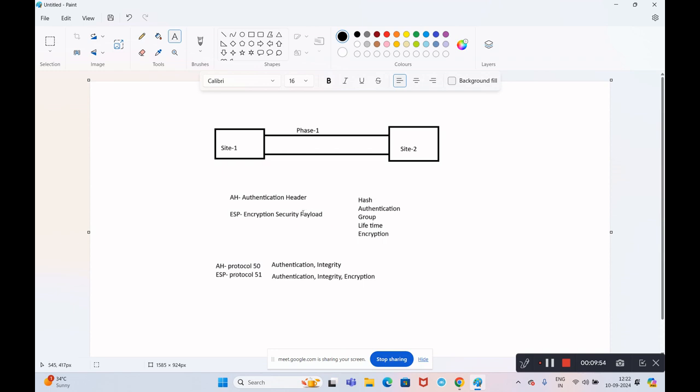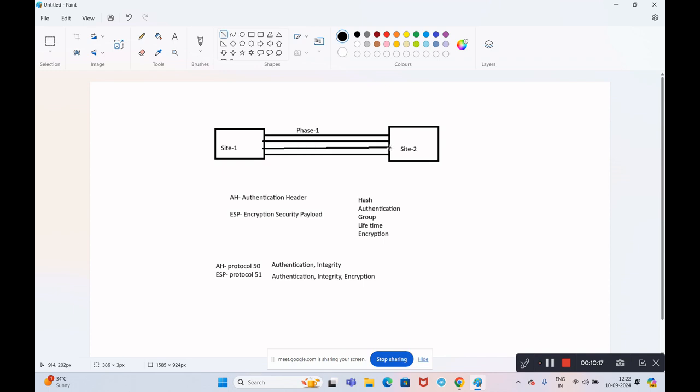After exchanging all these parameters, phase 2 will come up inside phase 1. Phase 1 is the secure tunnel used to form phase 2.